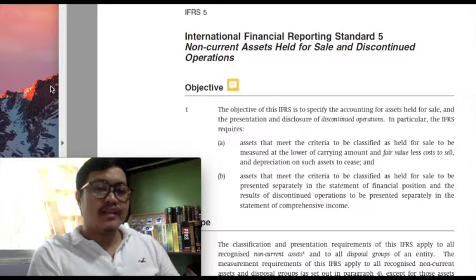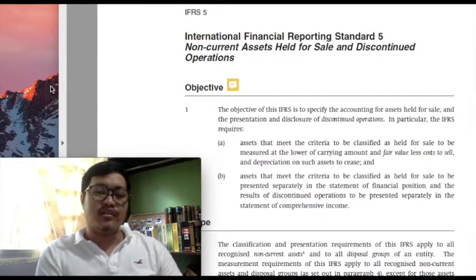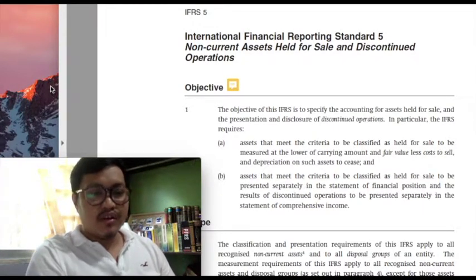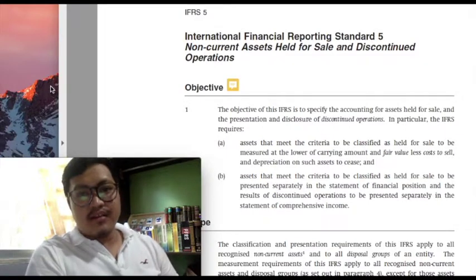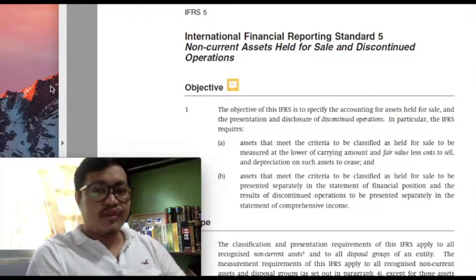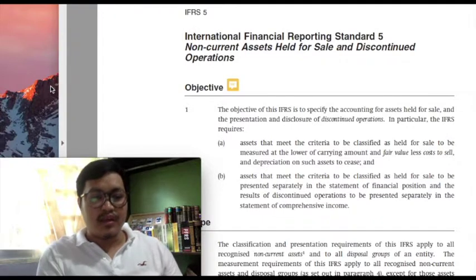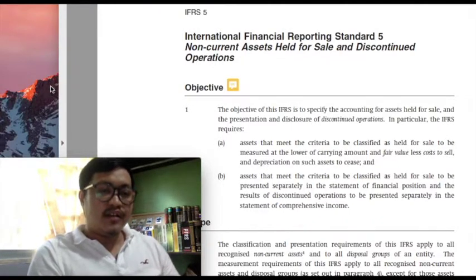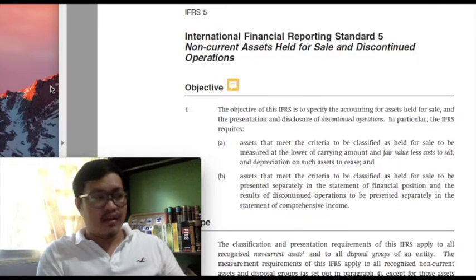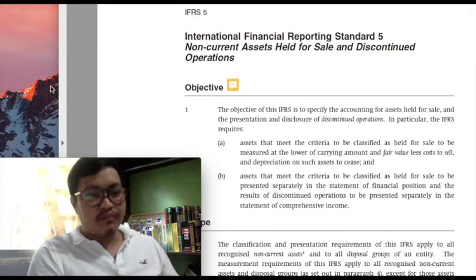So if you will not separate the operations of this discontinued operation, if you will not separate the contributions of this component that will eventually be sold, class, then the financial statement users would be thinking that if we report 10 million profit today, then the expected profit in the coming years would be somewhat close to that amount also.